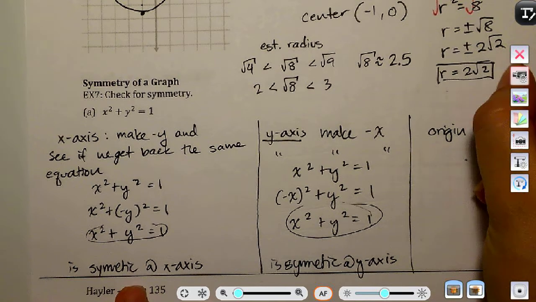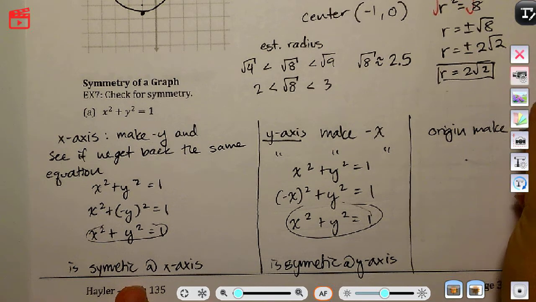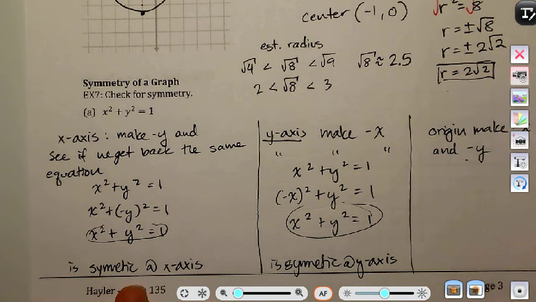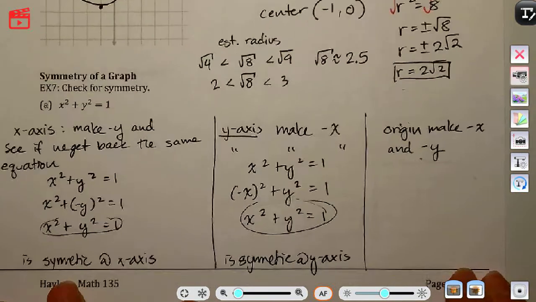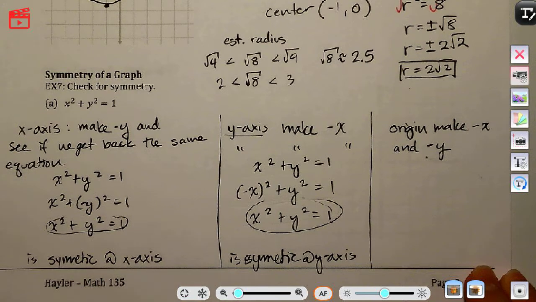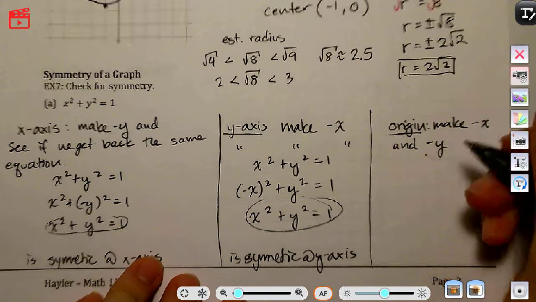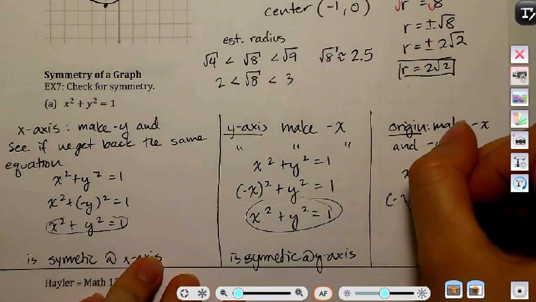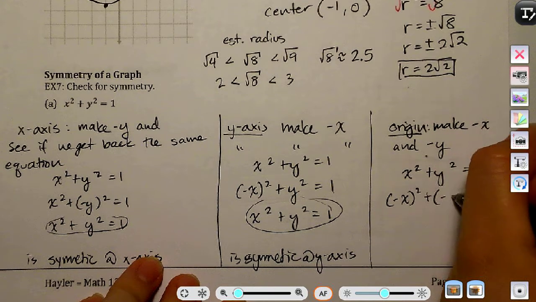Lastly, let's check the origin. This time, we make x negative and the y value negative to check the origin. So 2 things. Both the x and the y are negative for checking about the origin. So here's our original equation. Let's plug in those values and see if we get back the same equation.